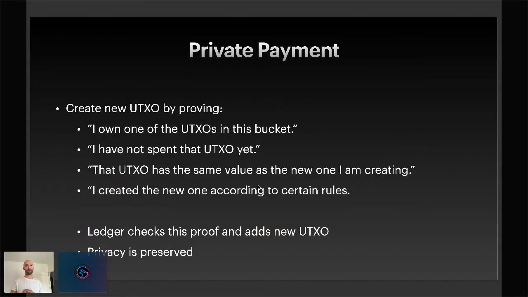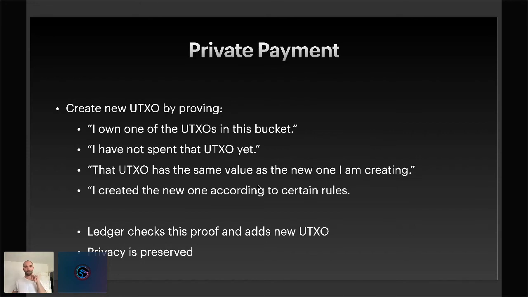Now, the way that we do that is we just walk up to the bucket with this encrypted UTXO, and we put it in the bucket. But before putting it in, we have to submit a proof to the blockchain, right? And so this is where the ZK SNARKs come in. So we come up with a ZK SNARK that can prove the following statement, okay?